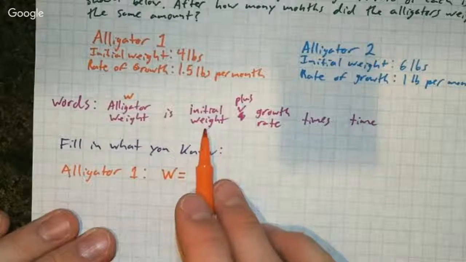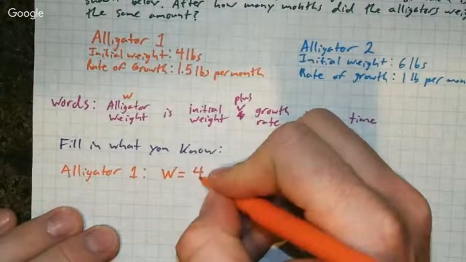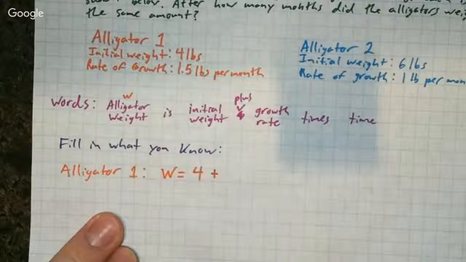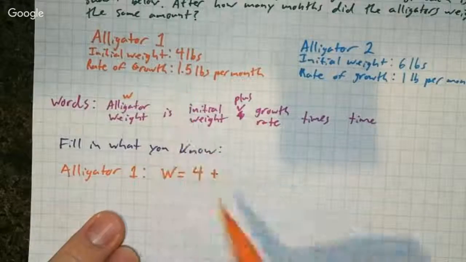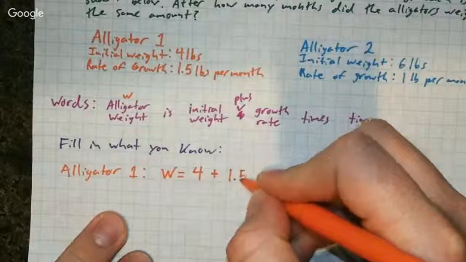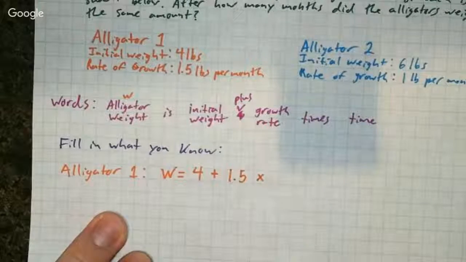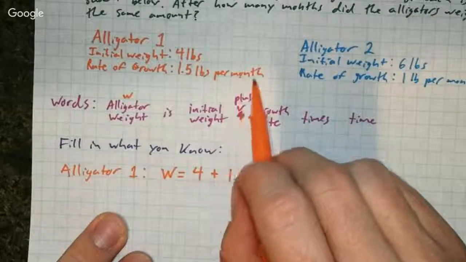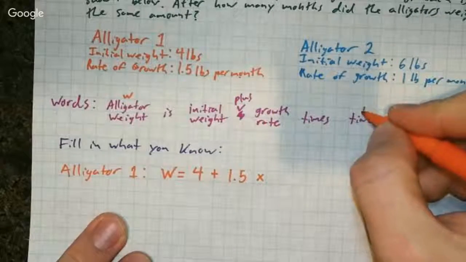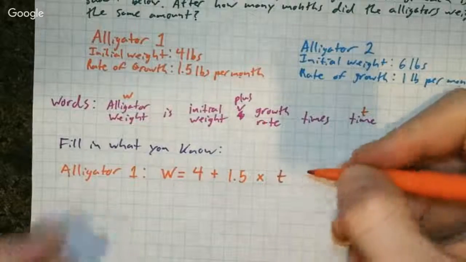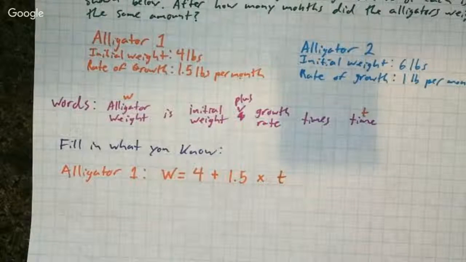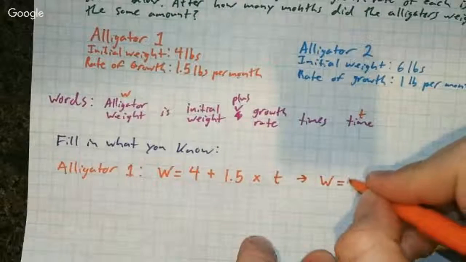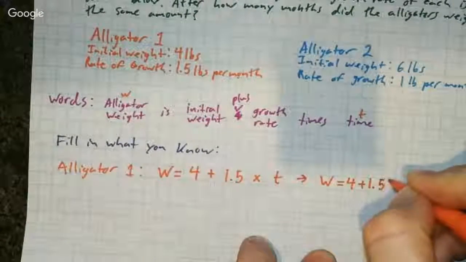We do know the initial weight, which was 4 pounds. 4 plus the growth rate, 1.5, times the time. Do we know the time, how many months? No, we don't. So that's going to be our variable. So our equation is W equals 4 plus 1.5t.